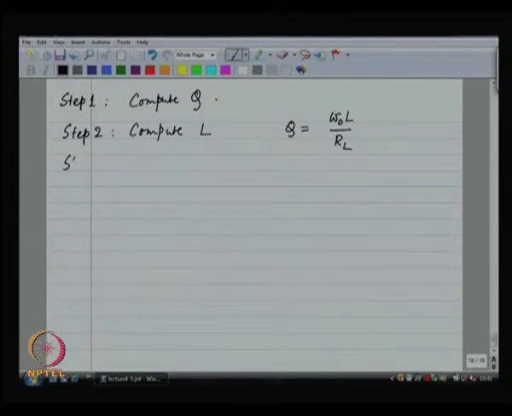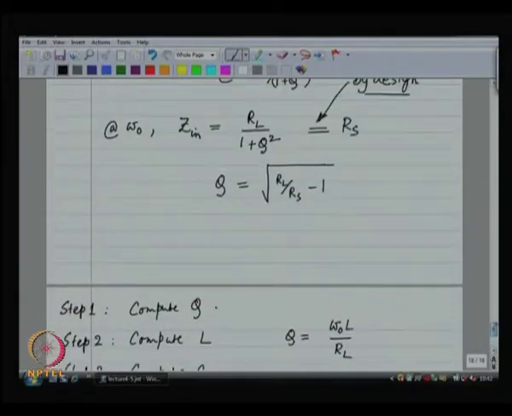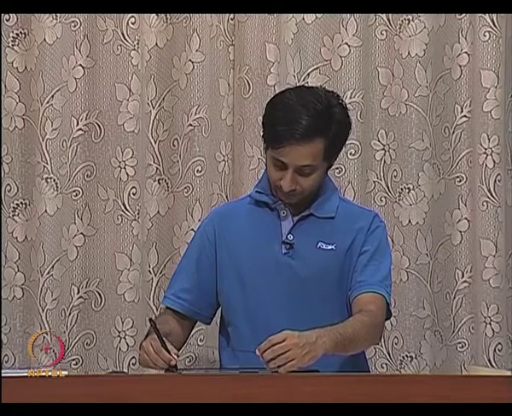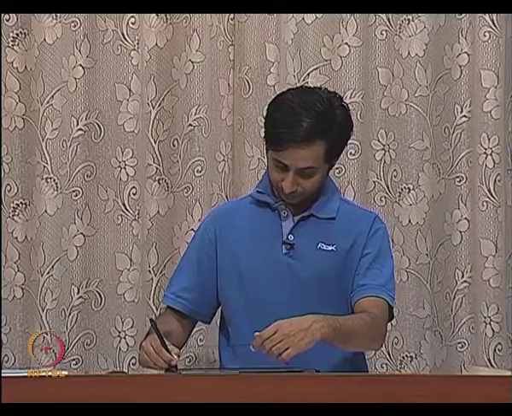And step 3 is compute C. So, we went backwards in our derivation, in our explanation. So, C is this.